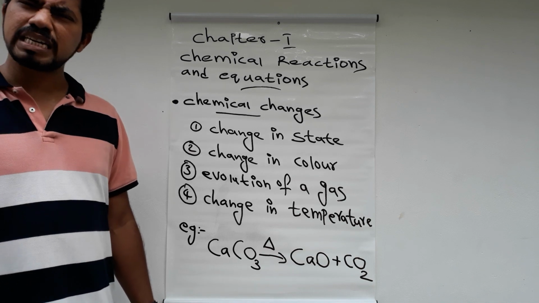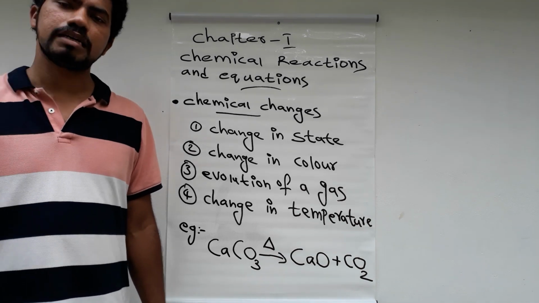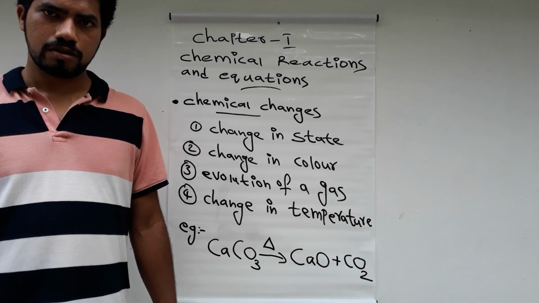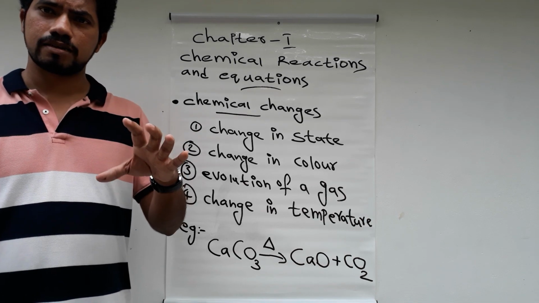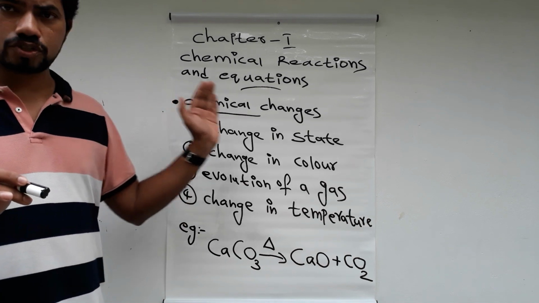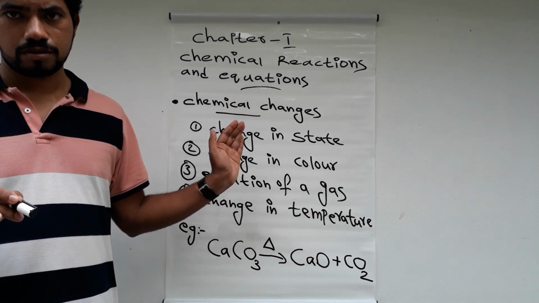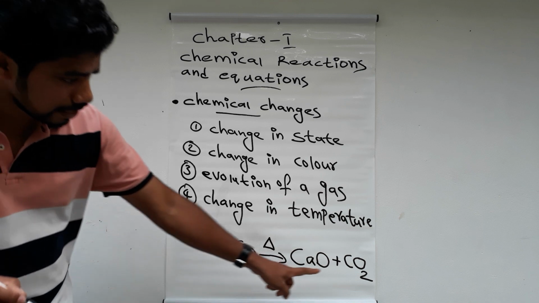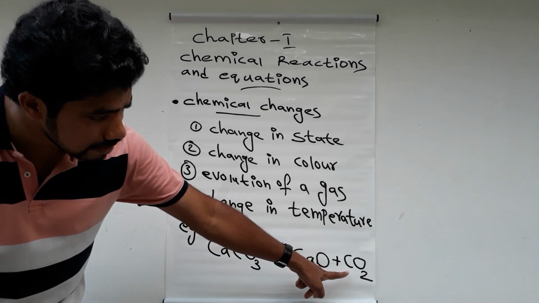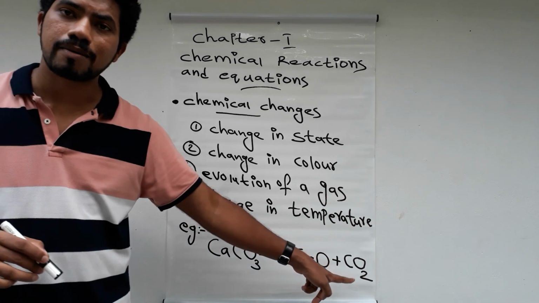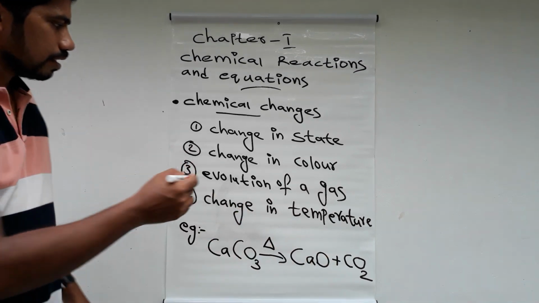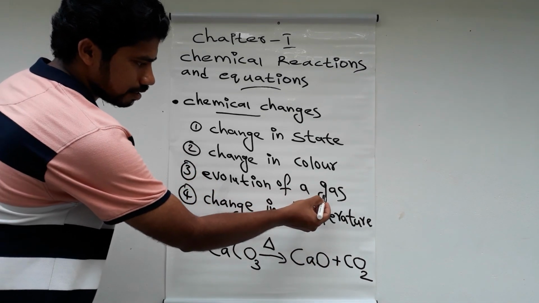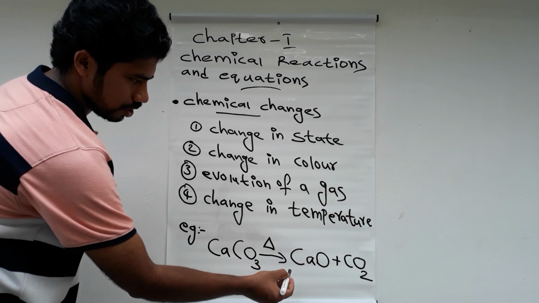In this chapter, we will deeply discuss different types of reactions. Today I am giving only the basics of what a chemical change means. And I gave you the example. In this example, can you see one gas is evolved? This is the gas carbon dioxide. Evolution of a gas is happening in this reaction.